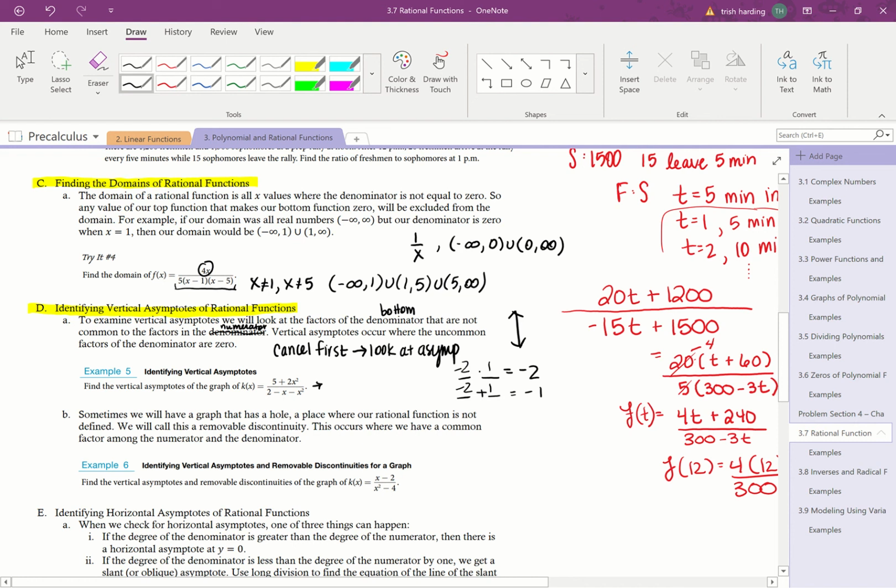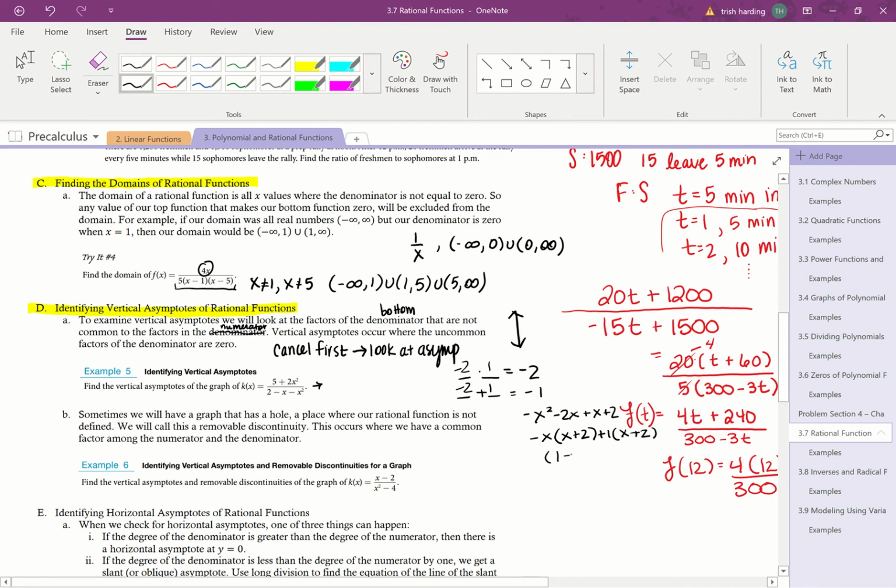So if I factor this, it is going to look like negative x squared minus 2x plus x plus 2, and that gives me negative x plus 1, x plus 2.